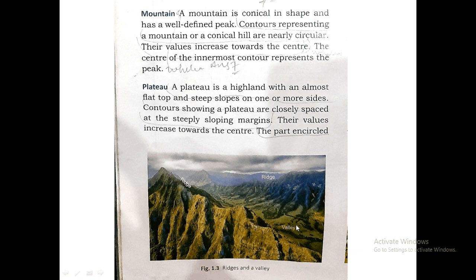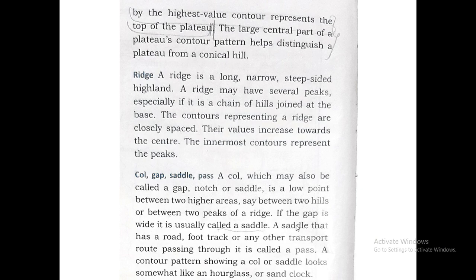The part encircled by the highest value contour represents the top of the plateau, similar to the mountain. तो जो highest value होगा, because highest value is at the center, so the highest value will represent the top of the plateau. In the mountain it was representing the peak of the mountain.